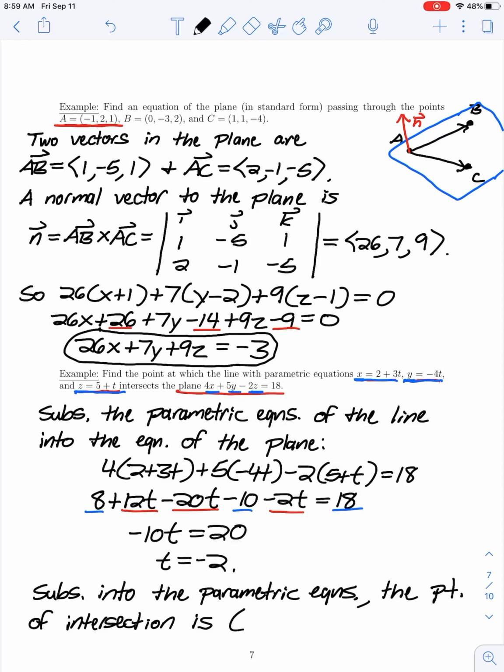So substituting in negative 2 for t, our x equation would be 2 minus 6, so negative 4. y is negative 4 times t, which would give us a positive 8. And then z is 5 plus t, which would give us a 3. So this is our point of intersection for the line with that indicated plane.